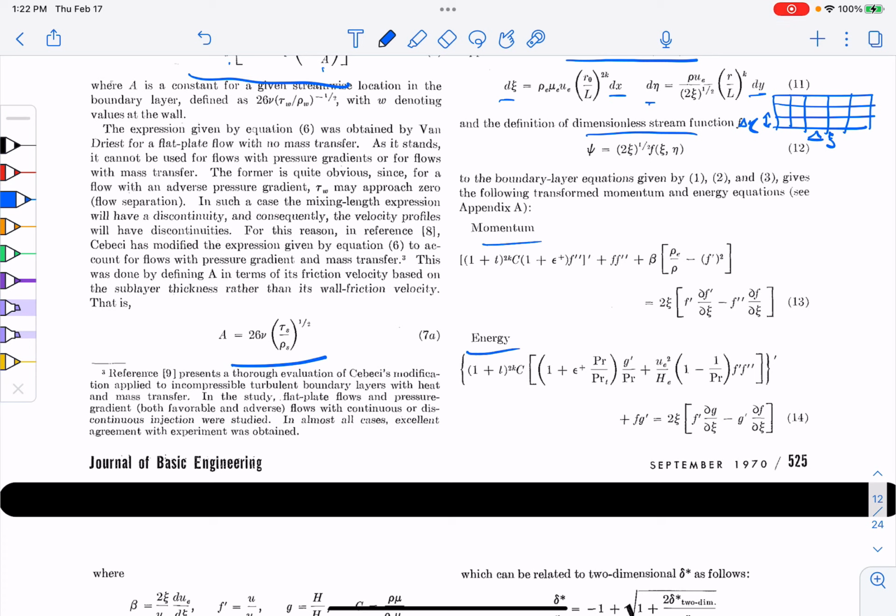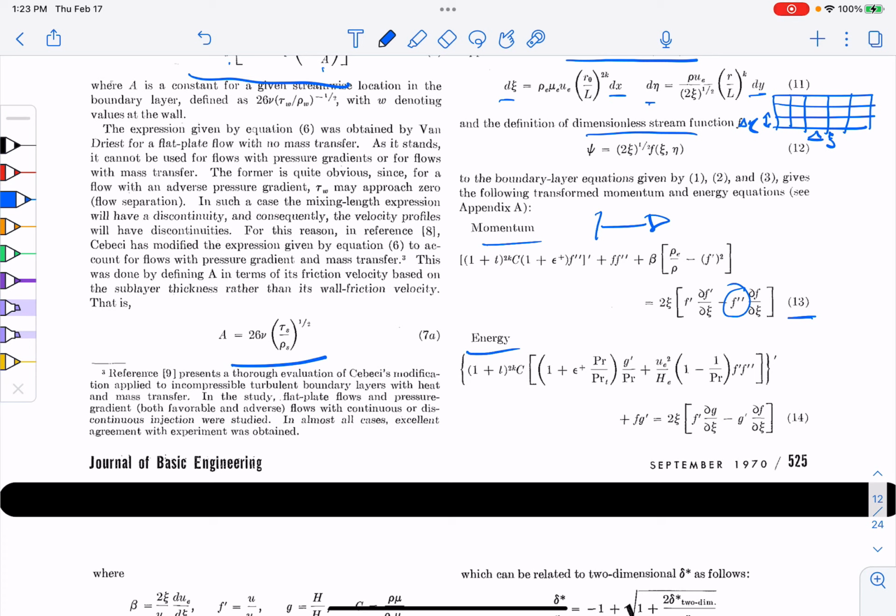And just like I mentioned the last time, this model is decoupled. So at every station, as you're marching downstream, he used a marching method, just like we will in Computer Project 3. He would solve equation 13 for F, and then he would solve equation 14 for the energy, for G, and recover his field variables on the grid points.